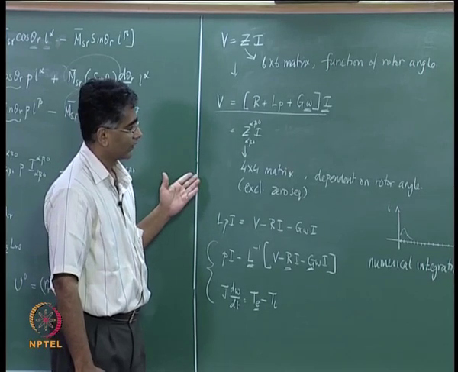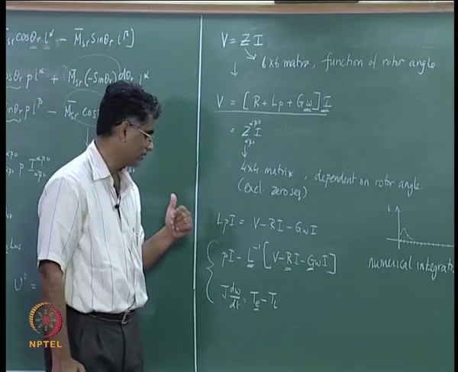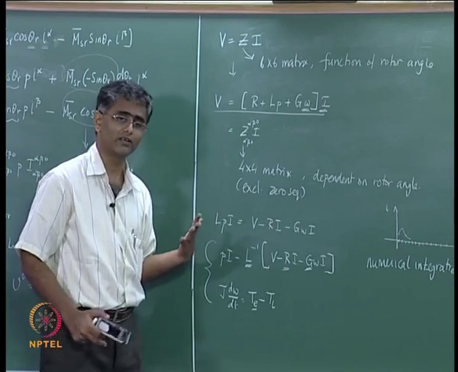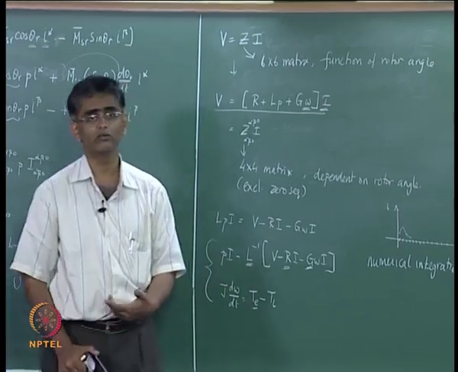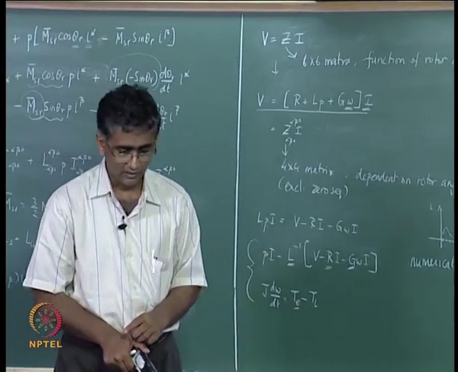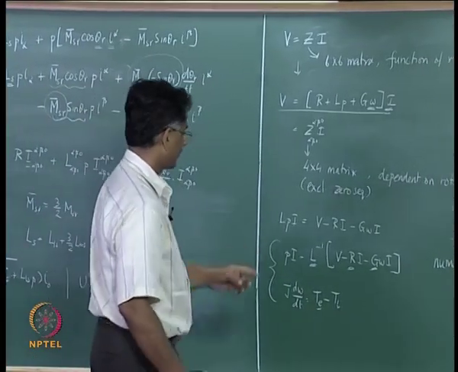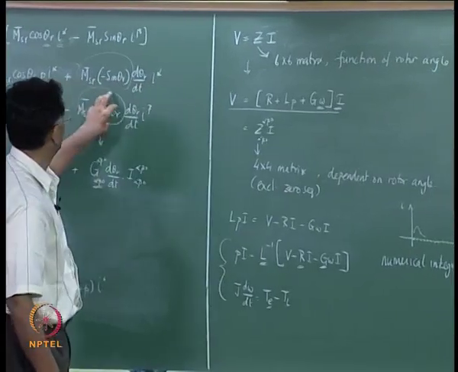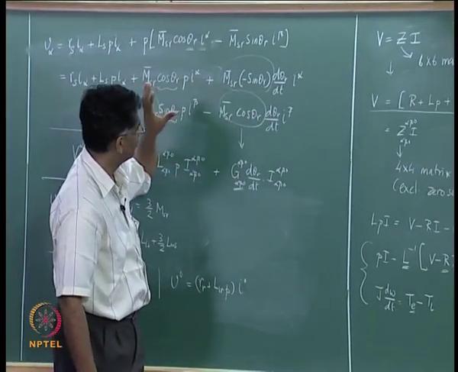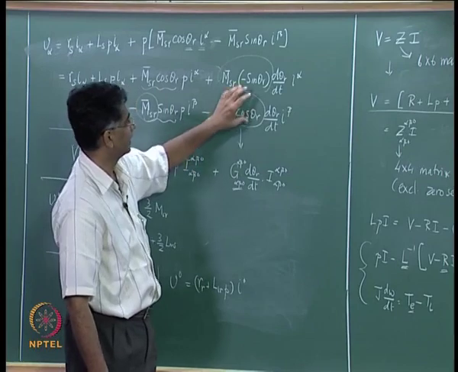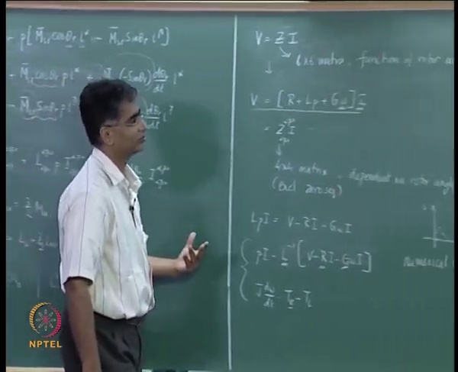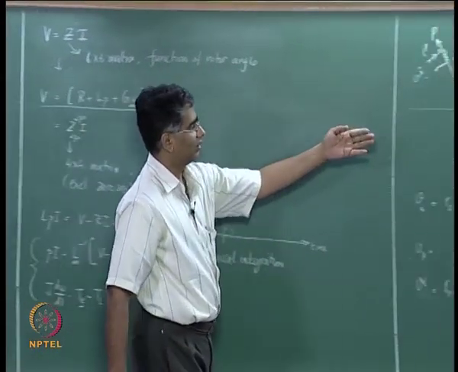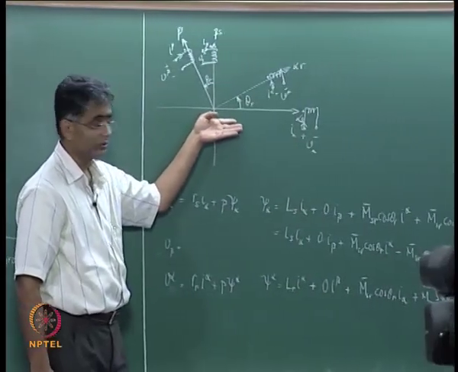So, how does one eliminate this difficulty? One has to see why this difficulty arises. Why is it that L matrix and G matrix are going to change with respect to time? If you look at the origin of the angle expression that appears in this, one can see that it arises because of the situation here.